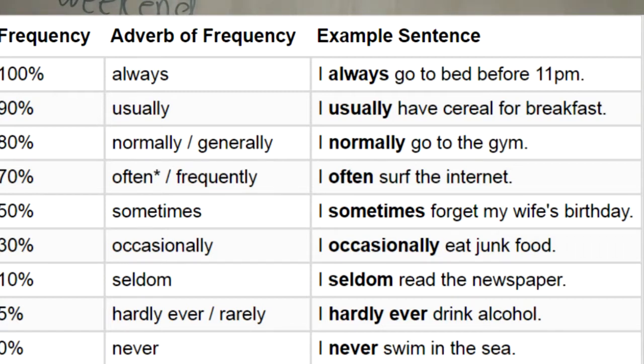Always is 100%, usually 90%, often 70, sometimes 50. When it comes to hardly, rarely, and never, they're almost 0%. It's just between 5 and 0, so the meaning is almost negative. Because of that, we don't use two negatives. You need to use just one. You need to use don't or hardly, for example, but we don't use them together.